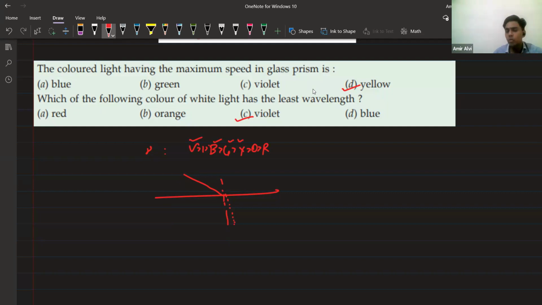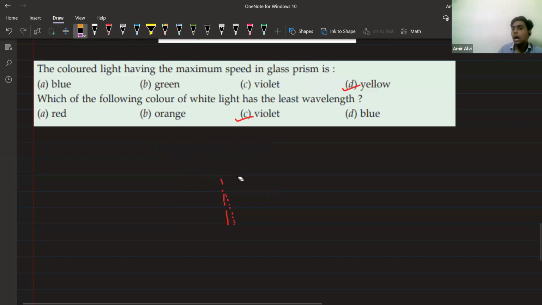There is nothing to remember, you only have to write it. Your order of frequency will be like this. If you have to change to the order of wavelength, you just use the other side. The longest wavelength will deviate least, and it will have maximum speed.